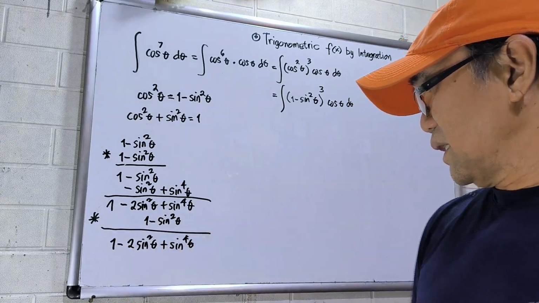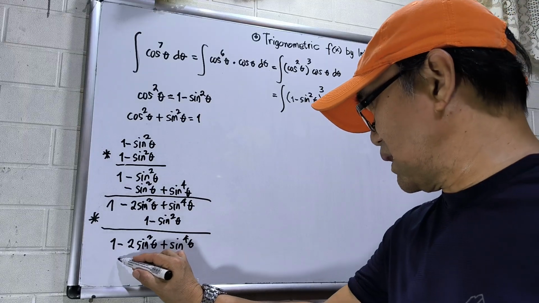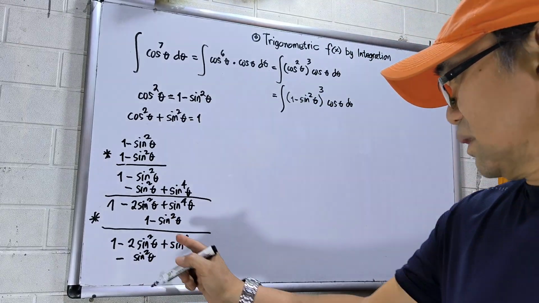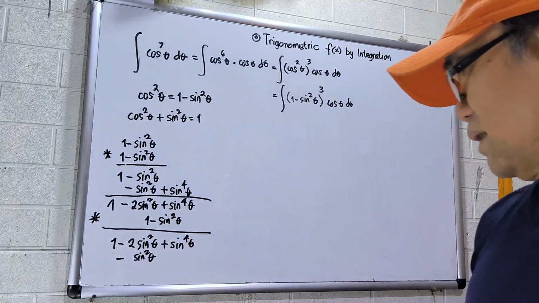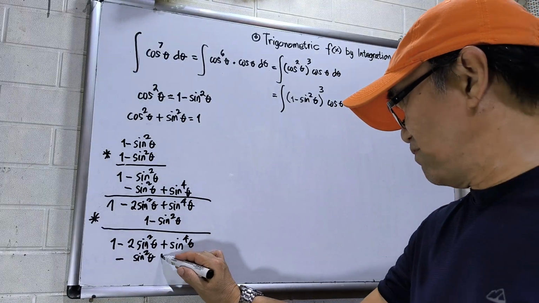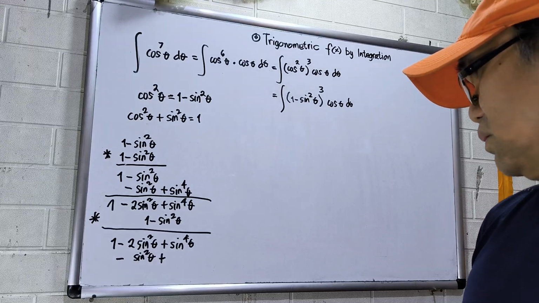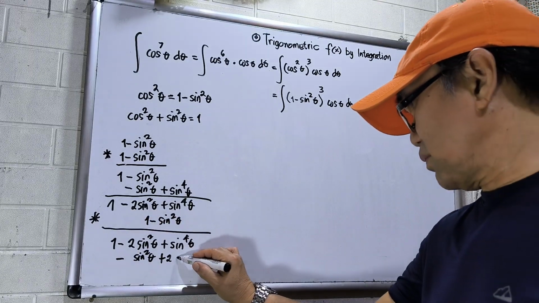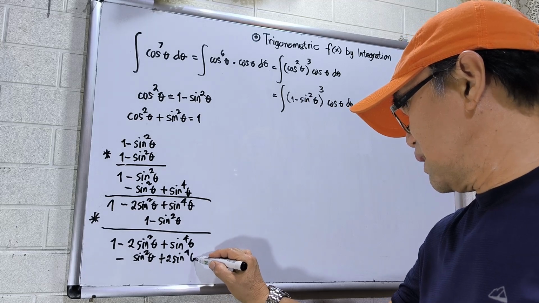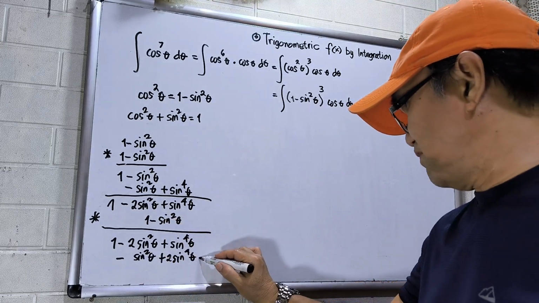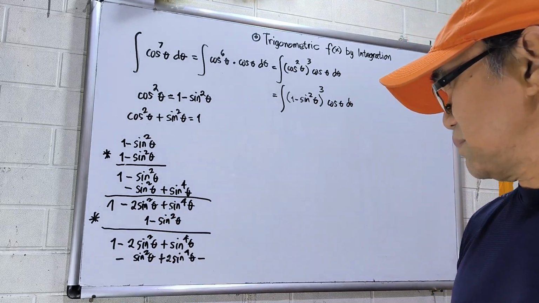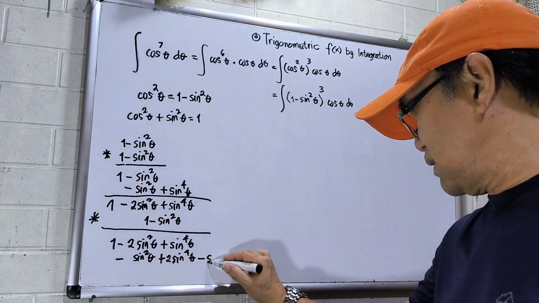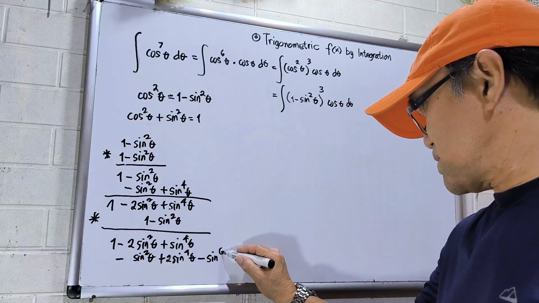Then this will be negative sine squared theta, negative sine squared theta. Then negative times negative will be positive 2 sine to the 4th theta. Then this will be negative. Negative times positive will be negative. Sine squared theta times sine to the 4th theta, that will be sine to the 6th theta.